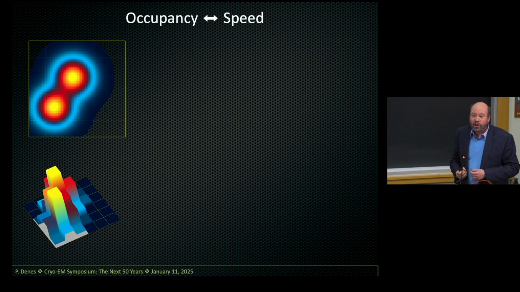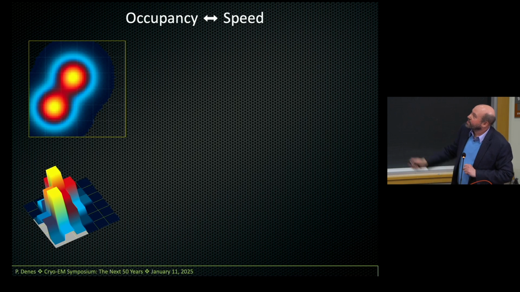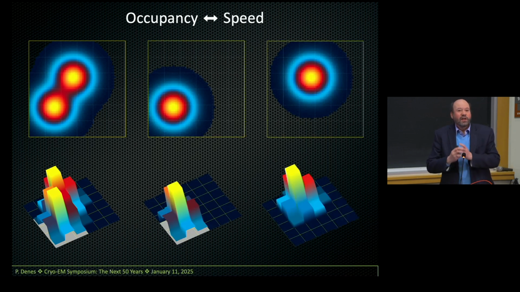So to make this work, there's a trade-off between occupancy and speed. If you have 2 electrons that arrive at the same time and are a bit hard to tell apart, then you can't really tell if you have 1 or 2, just have a blob. But if you're fast enough to be able to separate those 2, then you can easily tell the difference.